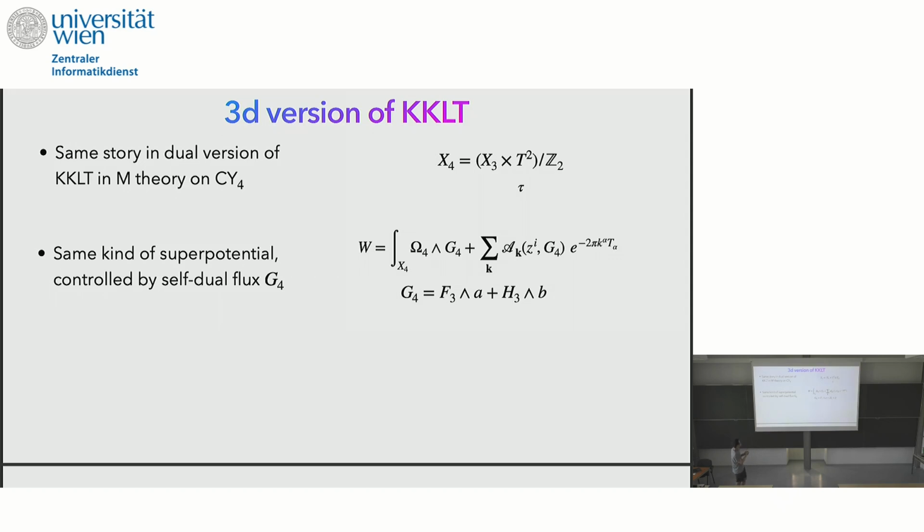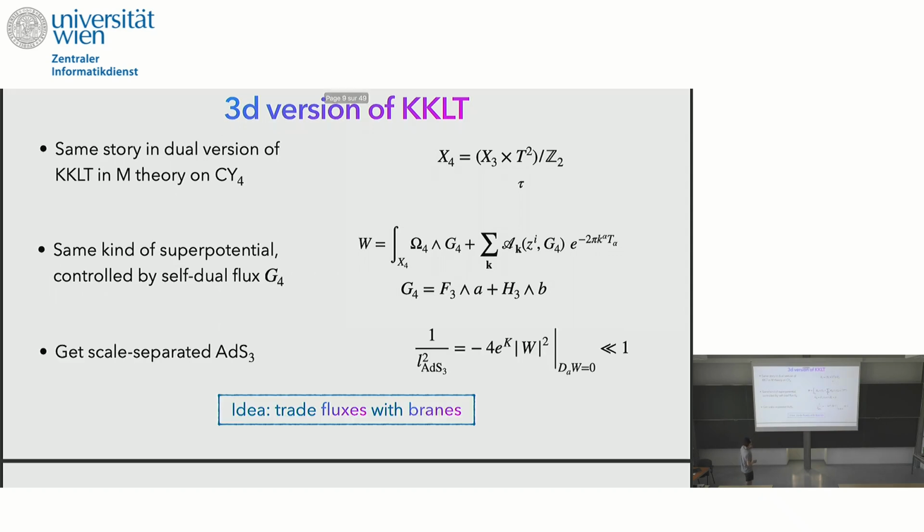You would get the same kind of superpotential controlled by a self-dual flux G4. The G4 would be made of F3 and H3, the type IIB fluxes, where A and B are the cycles of your torus. Again, you would have the same kind of superpotential that depends on the fluxes, and from that, one would get a scale-separated AdS3.